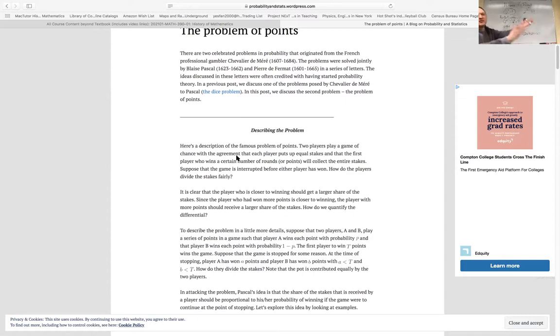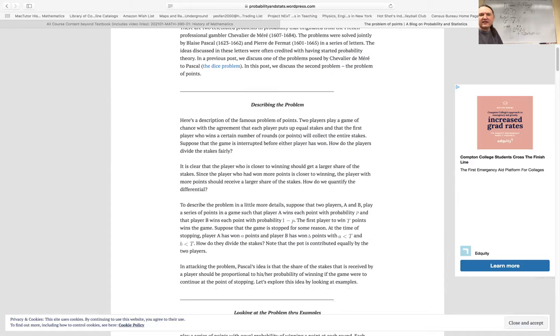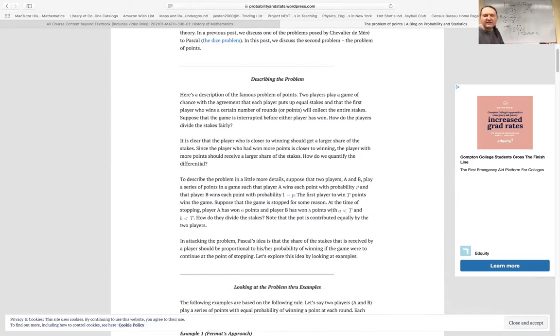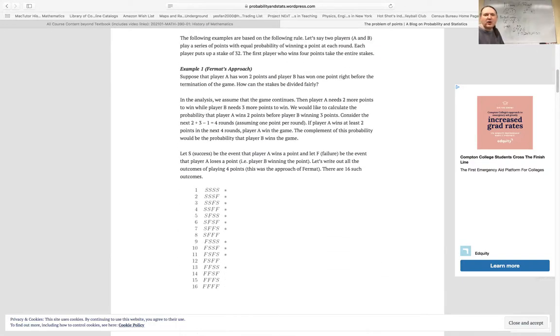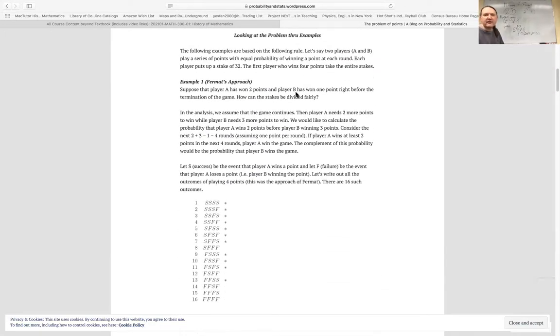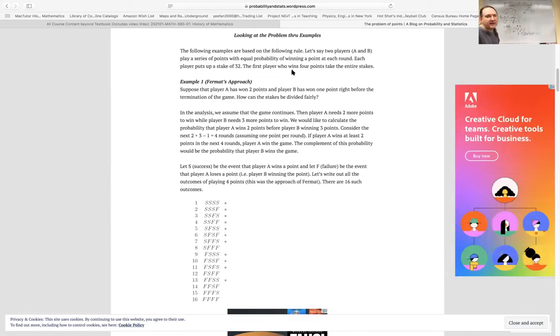So they both put some money in to begin with. And the first player to win a certain number of rounds will collect the entire stakes. Suppose the game is interrupted before either player has won. How do they divide the stakes fairly? So here is a particular example that illustrates how Fermat and Pascal thought about the problem of points.